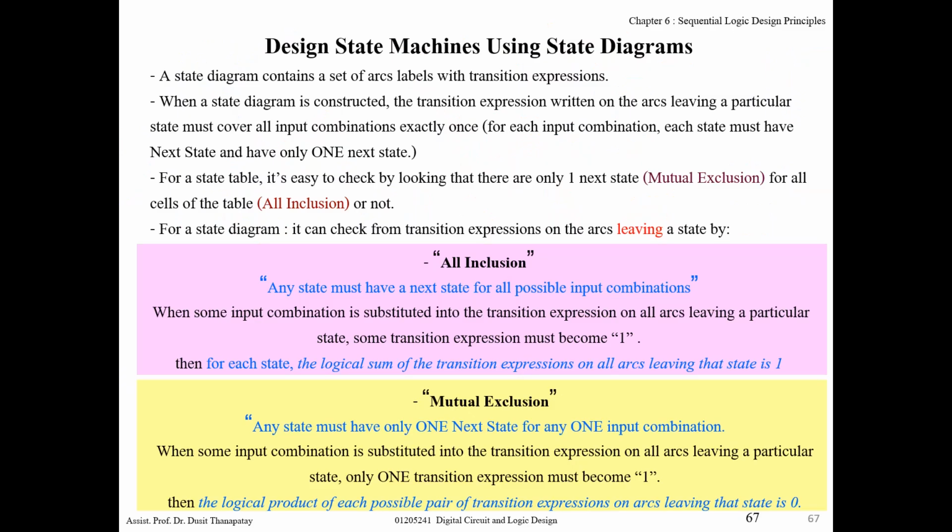So these 2 principles are called all inclusion and mutual exclusion. Namely, for all inclusion, any state must have a next state for all possible input combinations. That means for any input, it must have a next state. And for mutual exclusion, any state must have only one next state for any one input combination.